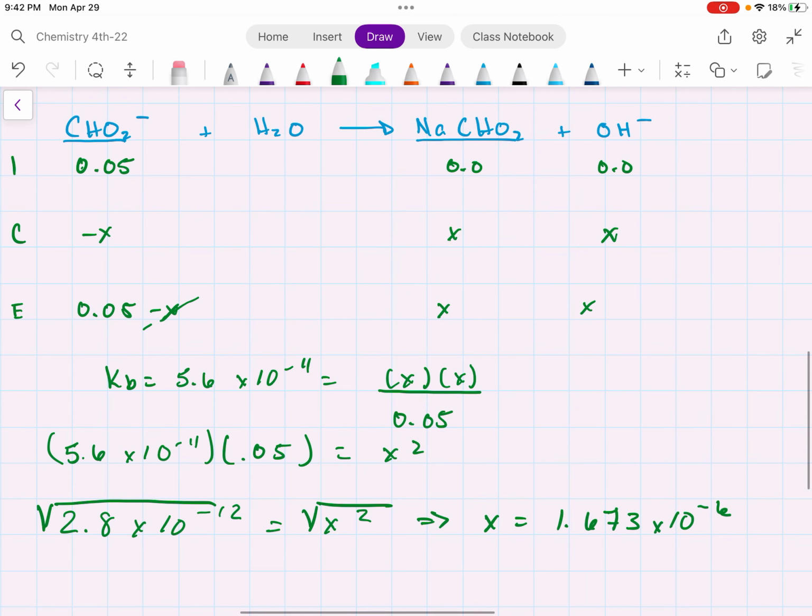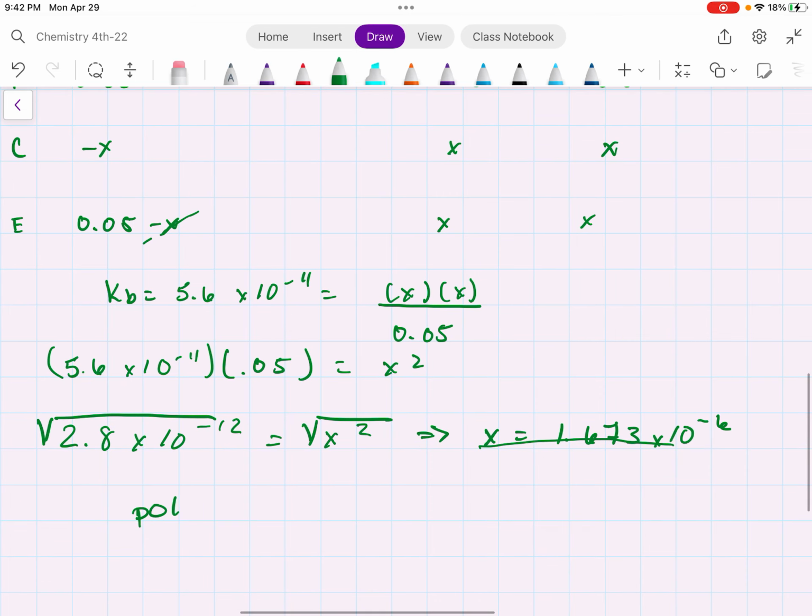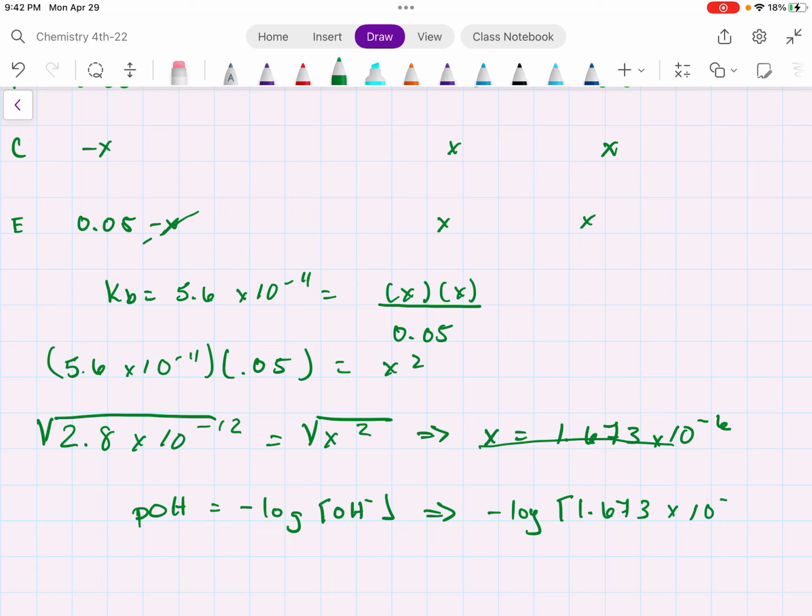So now we know the concentration of our salt. We also know the concentration of the OH because x is equal to this amount. So the pOH is equal to the negative log of the concentration of hydroxide ions. I take the negative log of 1.673 times 10 to the negative 6, and I'm going to end up with 5.7765.